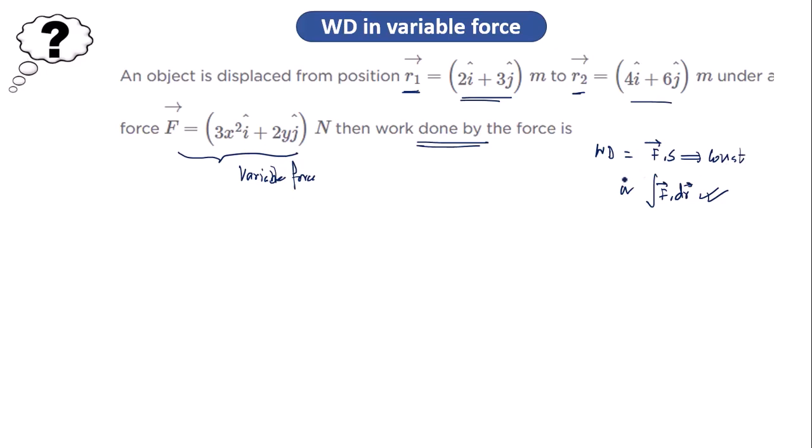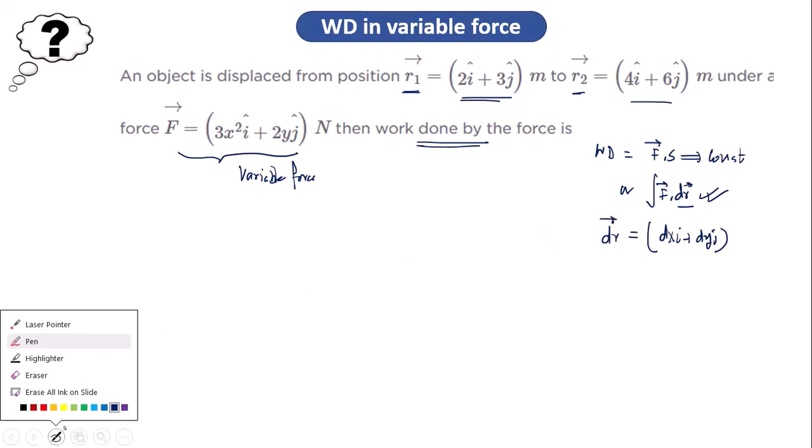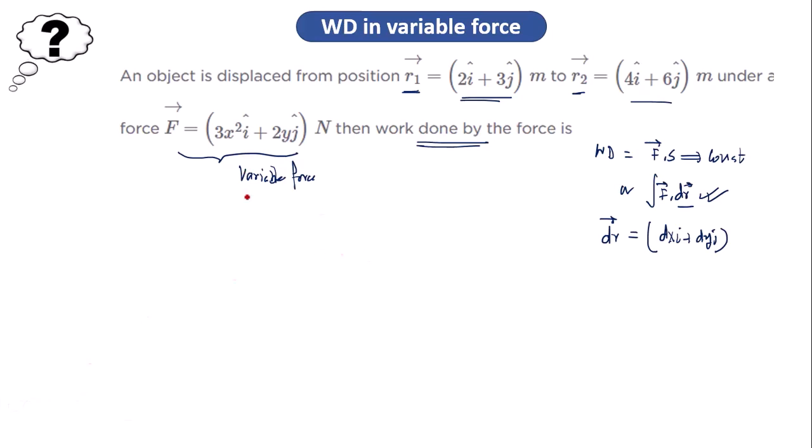For this question the force is variable, so I have to integrate it. Since the force is in 2D format, I should use the dr vector as dx i plus dy j. This is the formulation of the dr vector for the 2D situation. Now using that concept, I can do the integration.